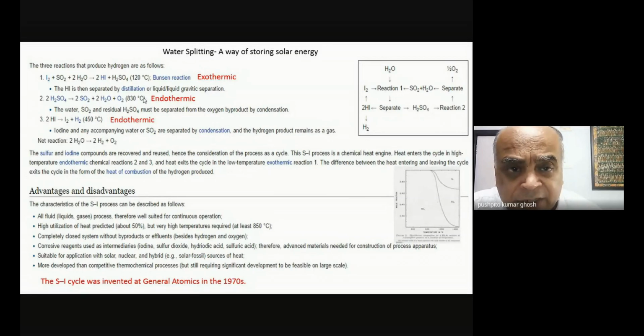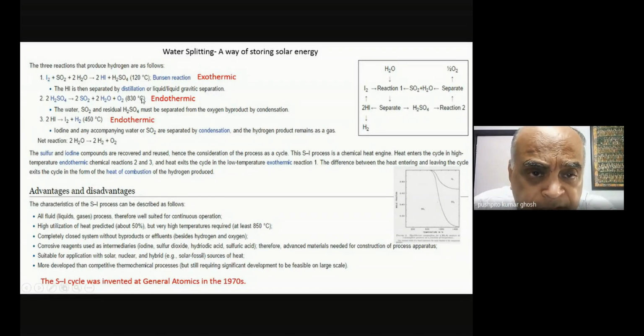So in other words, both of these endothermic reactions I can satisfy by solar energy in principle. The exothermic reaction is my heat sink, and these are the ones where I need a heat source, and that heat source can be solar energy.